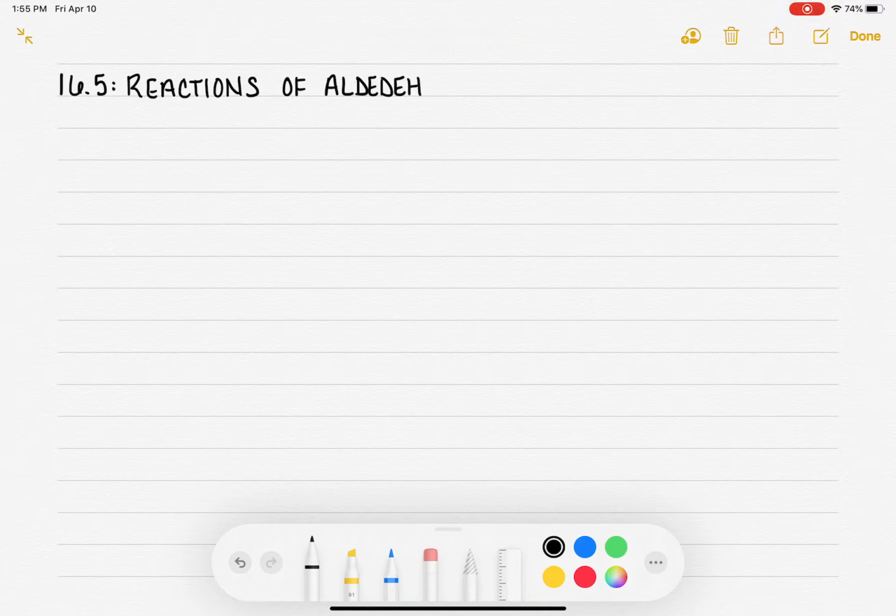This particular section in your textbook is called Reactions of Aldehydes and Ketones, but we are only going to be looking at a reaction of an aldehyde. And the reaction that we're looking at is called the oxidation of aldehydes.